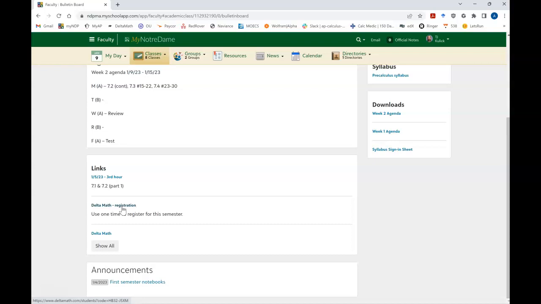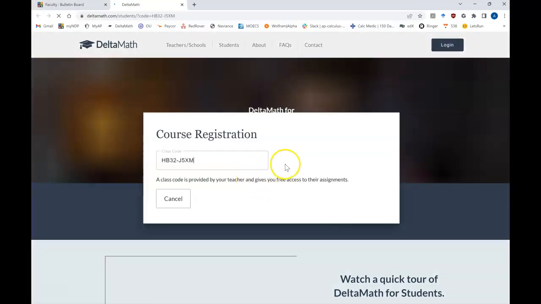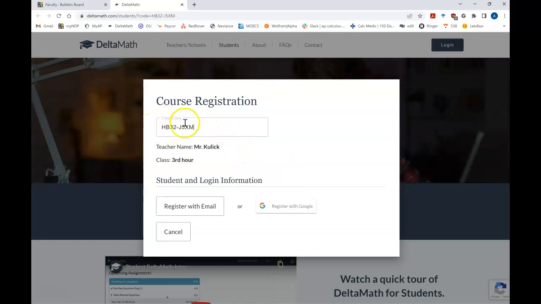We're going to sign up for a new Delta Math section. If you click on that, it'll open up right to Delta Math with the class code already typed in for you. All you have to do is pick register with Google and pick your school Google account, and you're done. So it's like the easiest sign up ever.